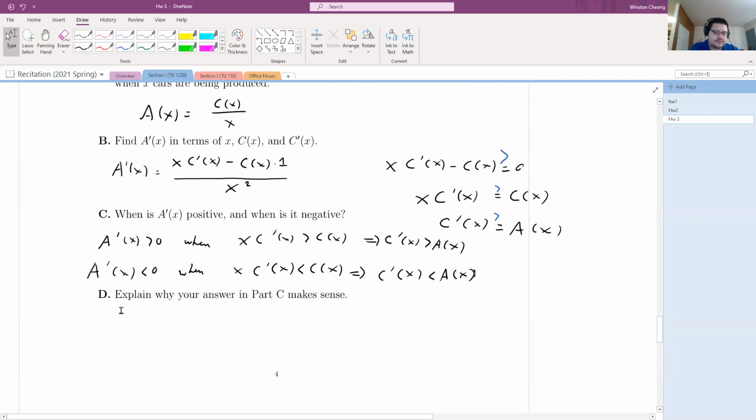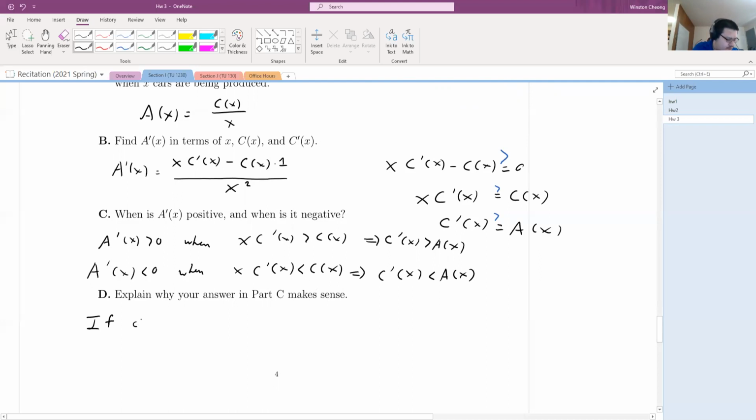Okay, and now D is just trying to make sense of why this should make sense intuitively. And the thing I wrote here, I think it makes sense. It's up to you to think about it and make it make sense for you.